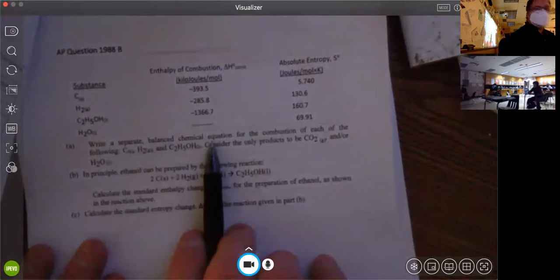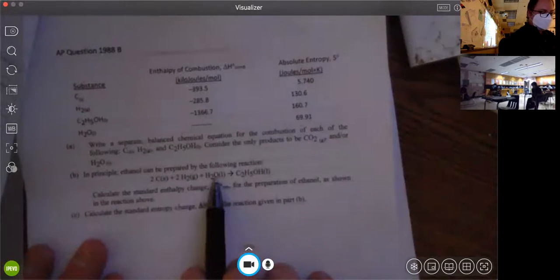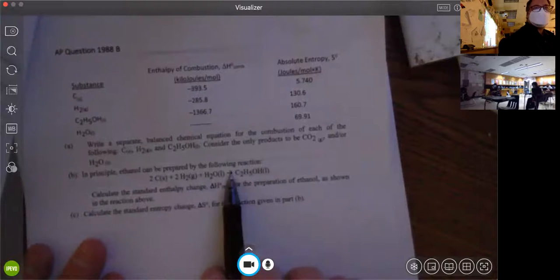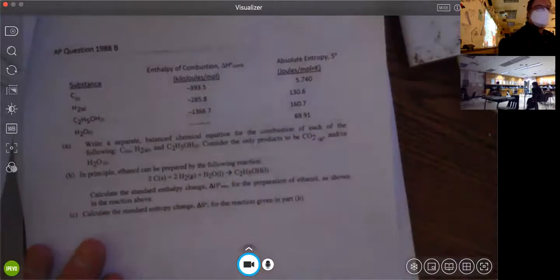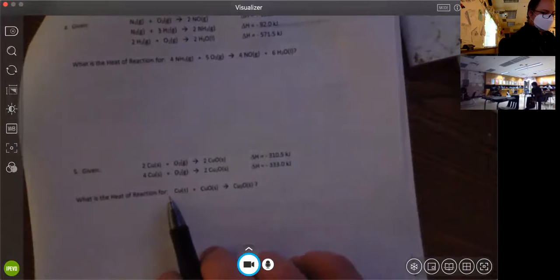So you just made a bunch of combustion reactions with these enthalpies, and you need to rearrange those reactions in order to make this equation right here. And then again, you would just add up those after those changes. So that's how they make it weird. They're multiple choice on this. It's garbage. It's too easy.